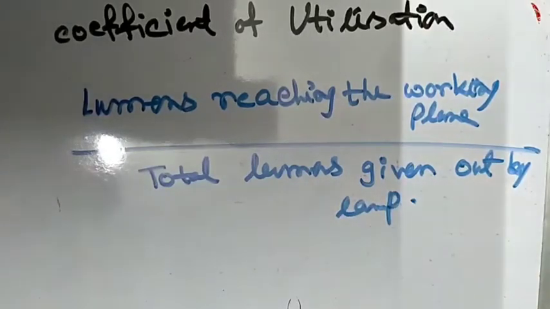So, coefficient of utilization is high for large rooms having light colored walls and low for small rooms with dark colors.